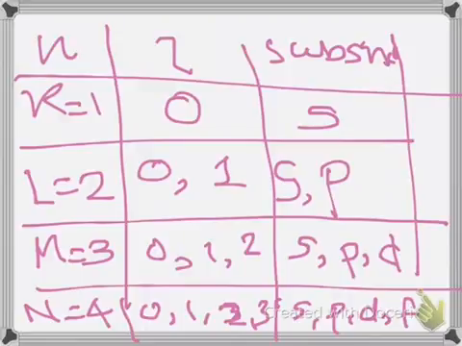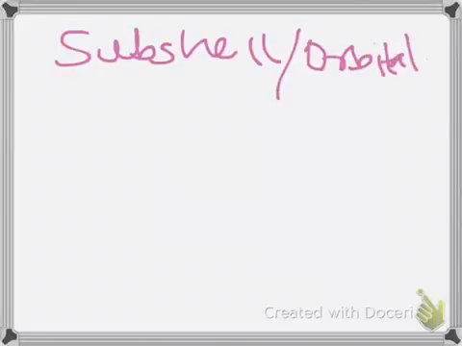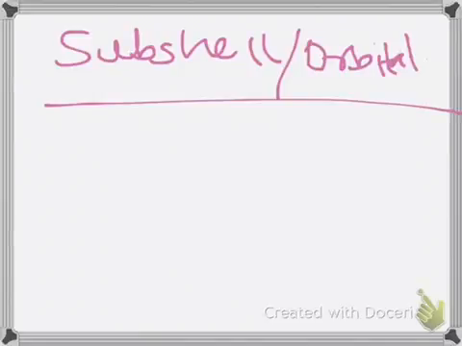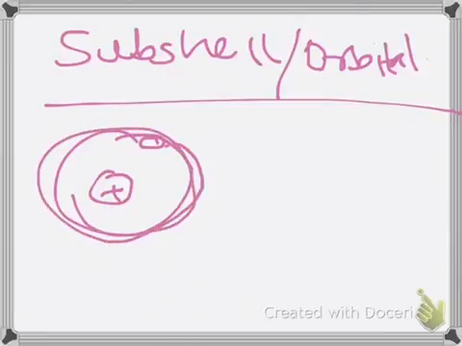So what are SPDF? They are basically the subshells or the orbitals. What is the difference between an orbit and an orbital? An orbit is basically the well-defined circular path around which the electron revolves.